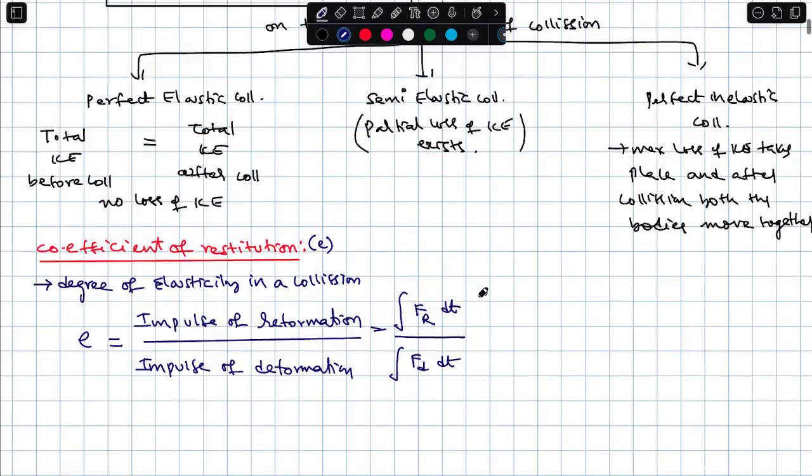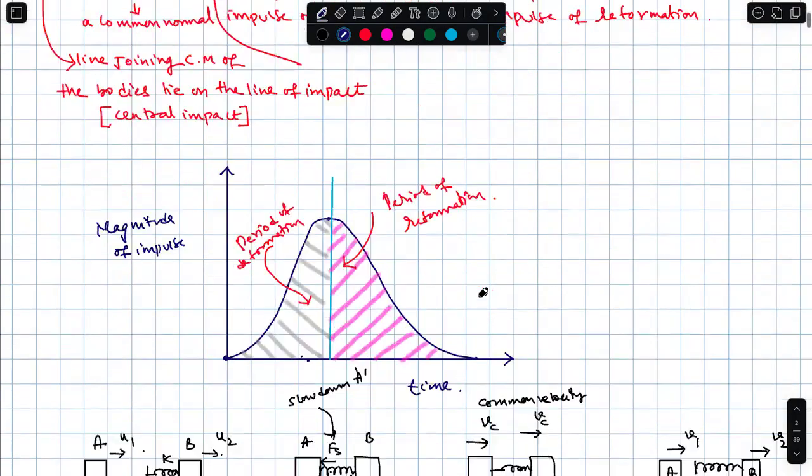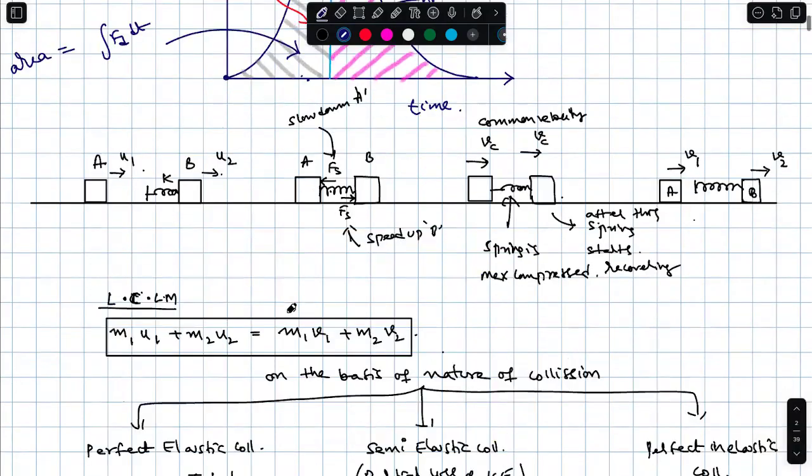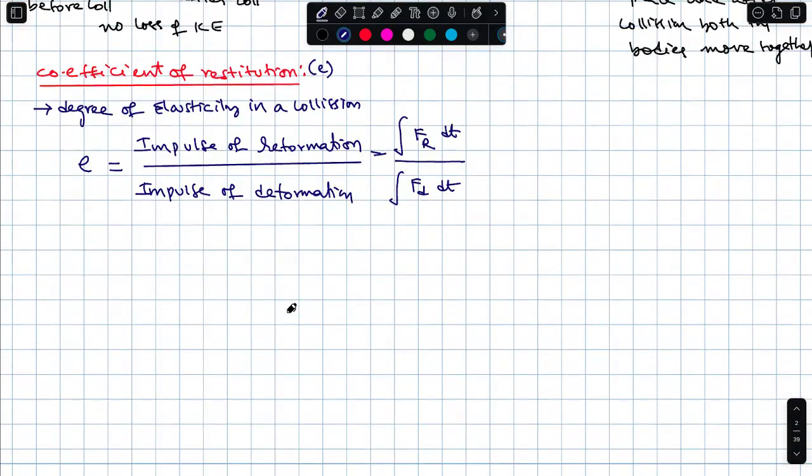You may ask me, how do I know this? In this graph, this area is nothing but Fr dt. And this area is nothing but Fd dt. Which means this area by this area is nothing but coefficient of restitution. Right. And that is one aspect.